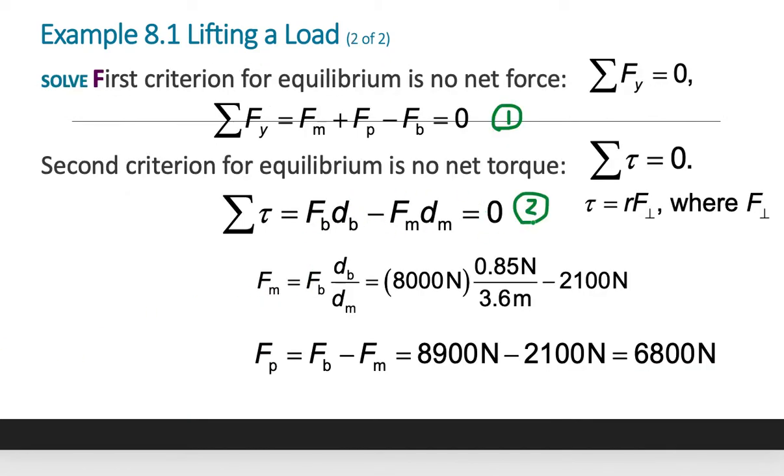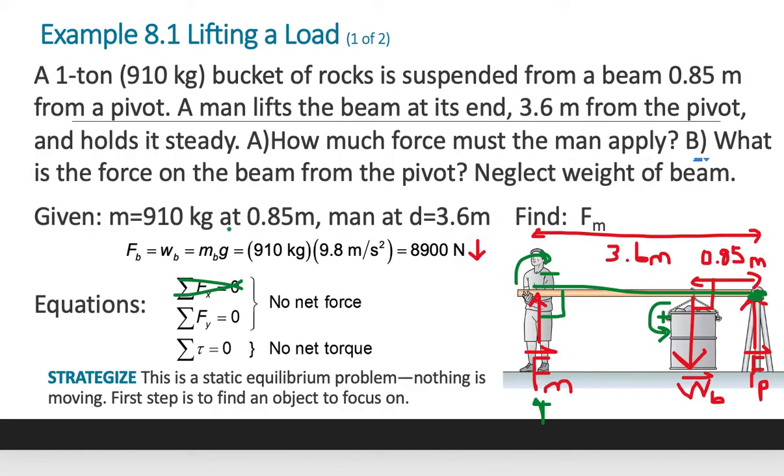So we're going to solve equation 2 for the force of the man, and we do that down here. So here's that equation 2. Just doing some basic algebra, the force of the man is equal to the force of the bucket times the distance that the bucket is located divided by the distance of the man. Oh, it says 8,900 newtons for the force of the bucket.